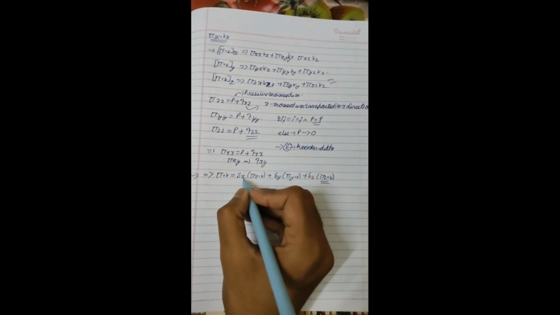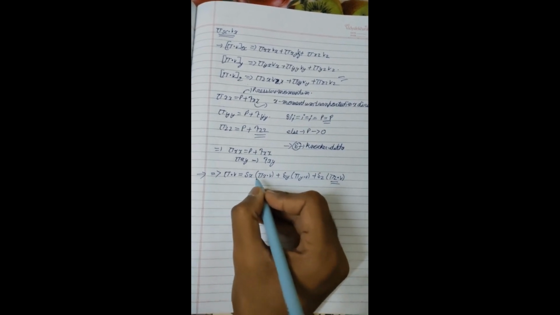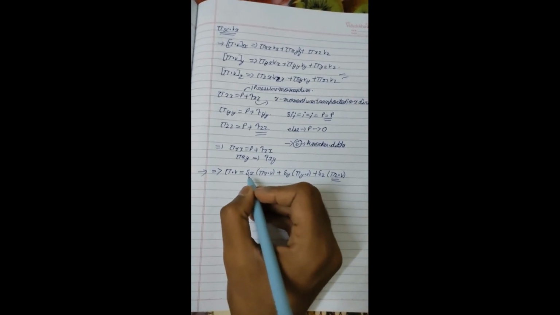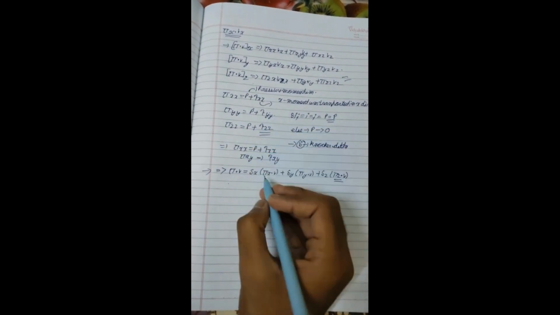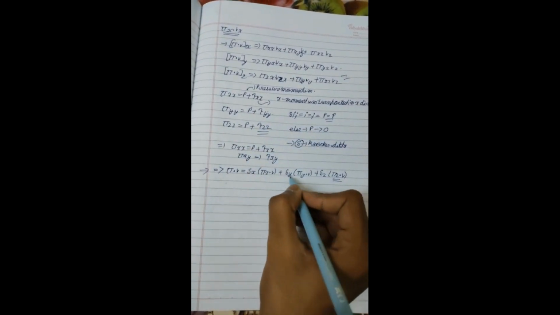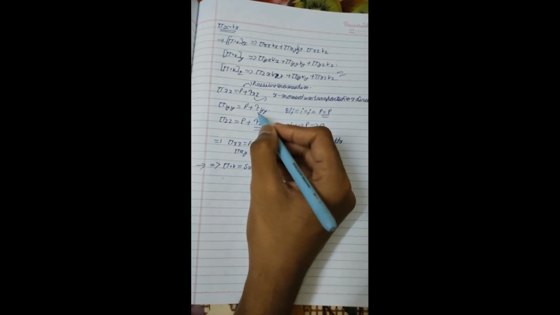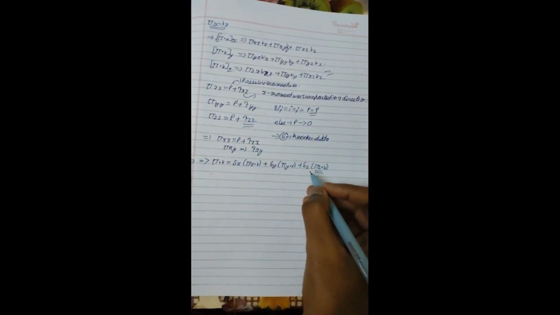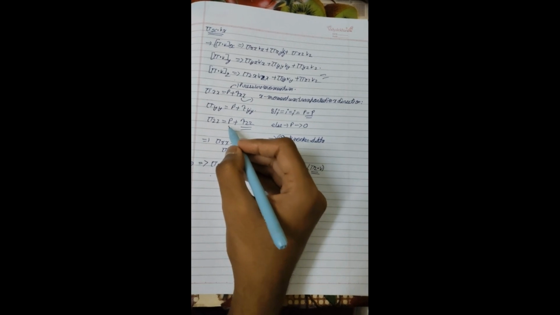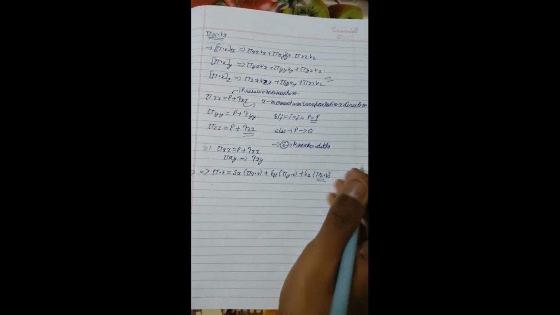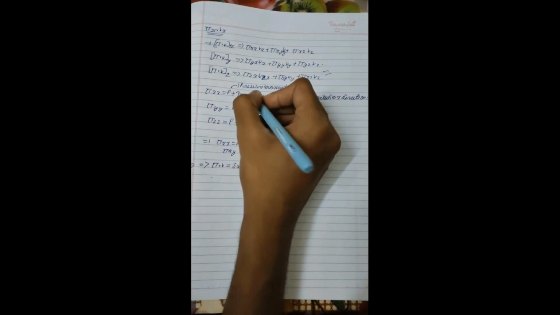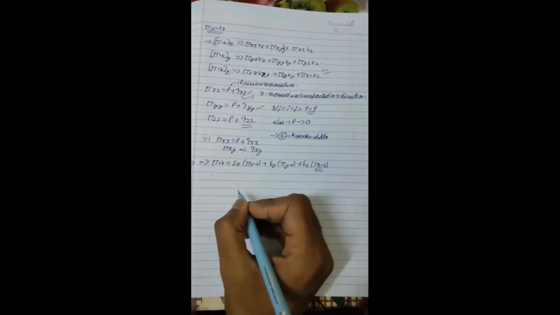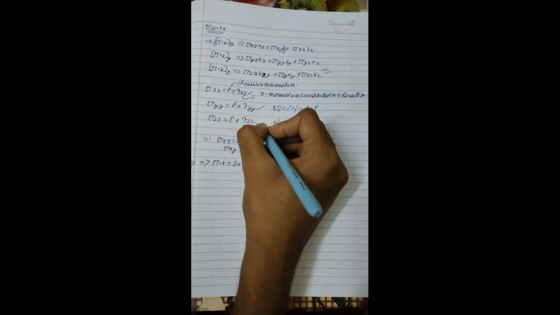Now, whenever it is written delta x, you can write it as delta ij. Whenever there is a delta xx, it is going to involve a pressure term. Whenever there is delta yy, it is going to involve a pressure term in y direction. And whenever there is delta zz, that involves a pressure term in z direction. Else, all other things are going to just involve the shear stresses like tau xy, tau yx, and tau yz.